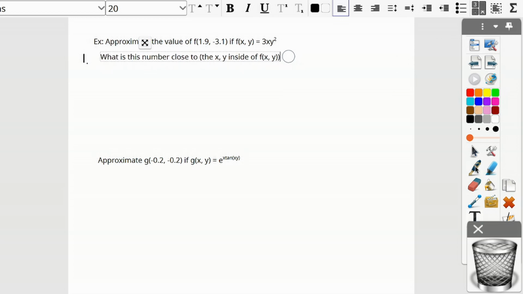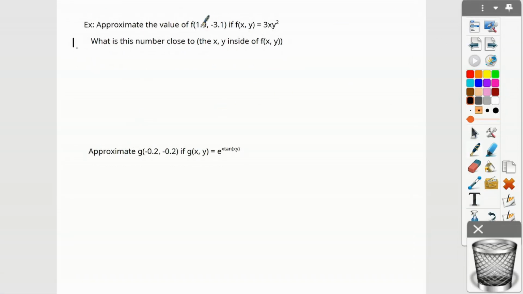What is x close to? What's 1.9 close to? It's close to the number 2, right? So f of 2. And then what is negative 3.1 close to? Negative 3.1 is close to negative 3.